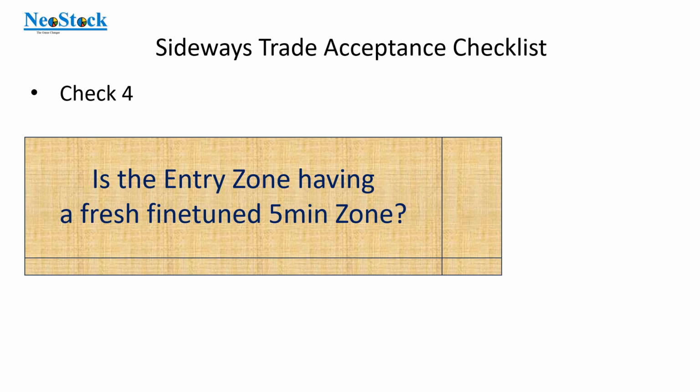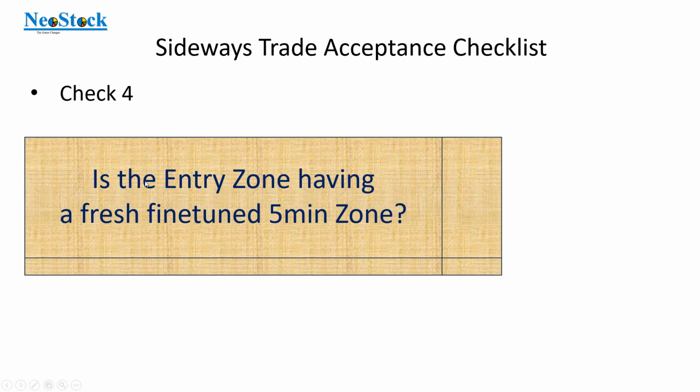The zone might fail even with a fresh fine-tuned 5-minute zone, maybe because institutions cancelled their order flows for some XYZ reasons. We may not know. At that time our trade will be stopped out. We have to accept that. But it won't happen every time. Rarely that happens. But many times, if a zone has a fresh fine-tuned 5-minute zone, there are higher chances prices will move away from the zone once they reach it.